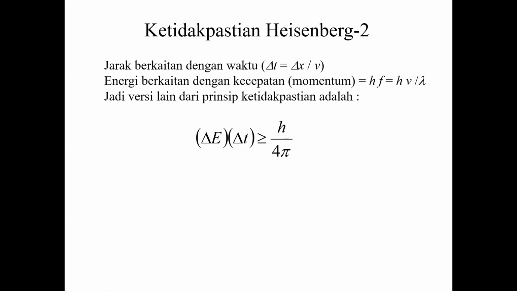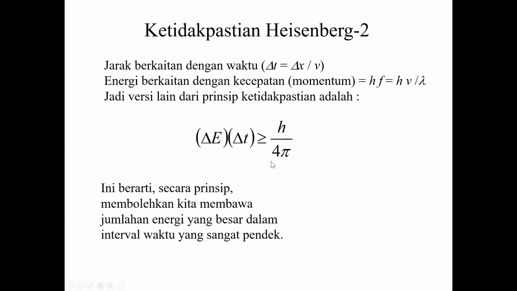The physical meaning of this uncertainty principle is somehow different from delta X and delta P. The physical interpretation is that we could have a small amount of energy at a very short time. In other words, we could violate the conservation of energy only for a very short time. This is the second form of Heisenberg.